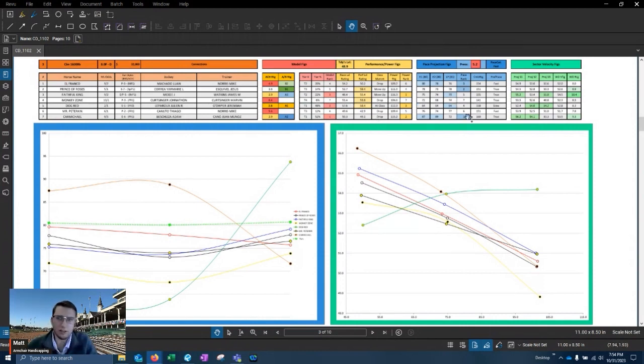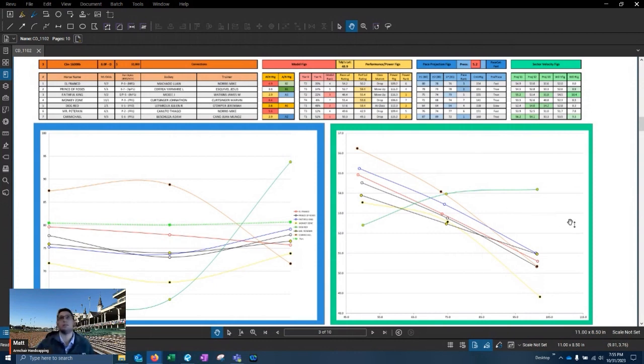Moving to the right is this blue section, and this is the pace projection section, which matches with this left chart here. As you can tell, this 7 is a pretty big standout when it comes to pace. However, late pace, that 5 stands out pretty well, but we'll get into that a little bit more. And the green section and the green chart are the sector velocity figures.